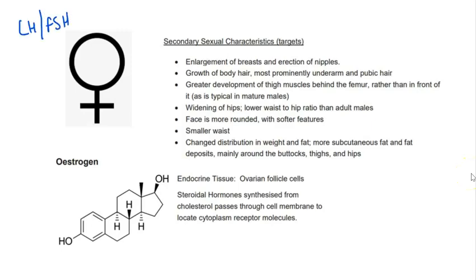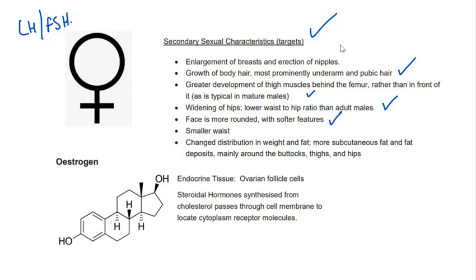from the anterior pituitary bring about the development of the secondary sexual characteristics of women, characteristically enlargement of breast tissue, growth of body hair, the development of the thigh muscles behind the femur is often seen, widening of the hips, all reproductive strategies, of course.